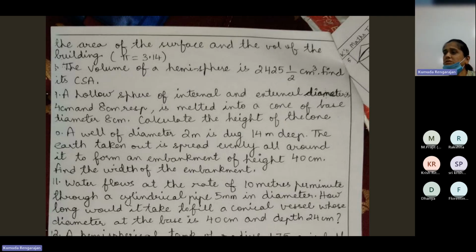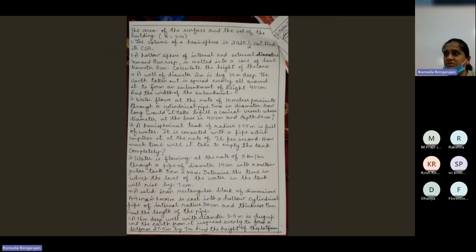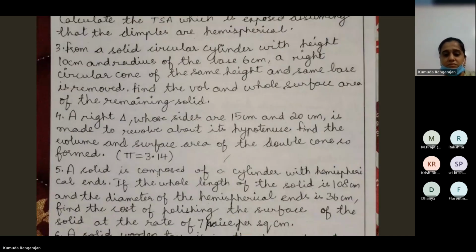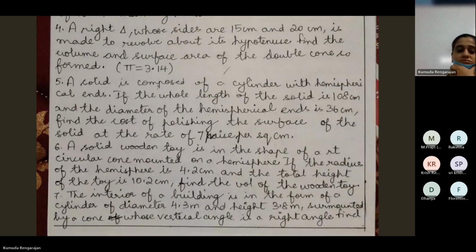What the question? Previous page. Yeah. Yeah.